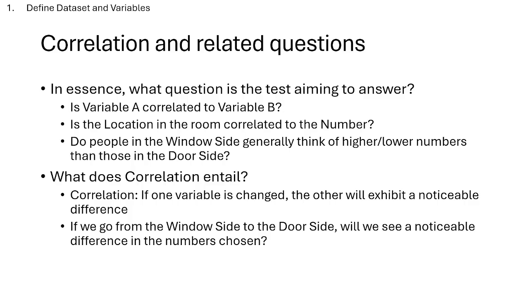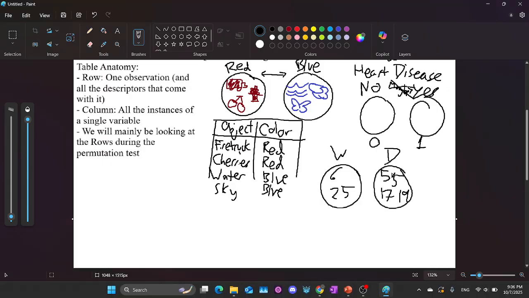You remember how I said one change in a variable causes, not causes, but like if you were to change one variable, you would observe a change in another variable. That's how I originally defined correlation. It's like this here, right? If I were to go from the window side to the door side, would I witness a statistically different set of numbers, right?